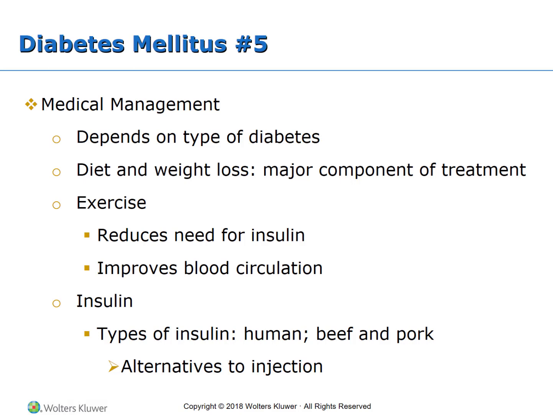They should also be educated on reducing the use of simple carbohydrates, saturated fats, and alcohol. Okay, so it's very important that the patient adhere to the ADA diet, and then we can talk about exercise.